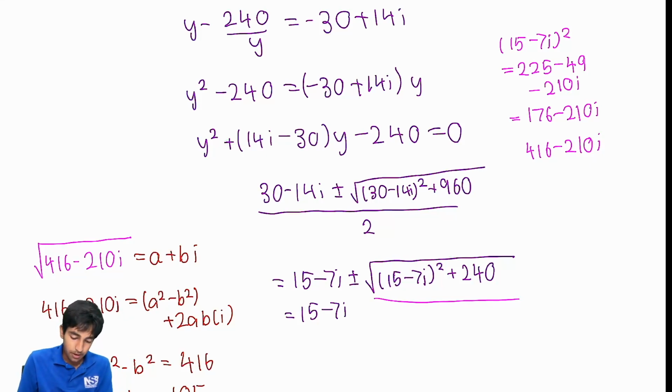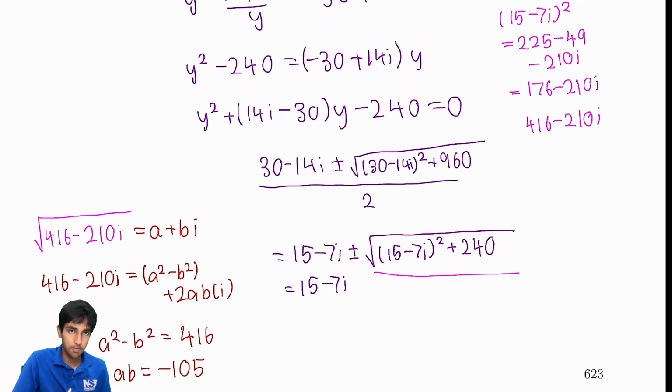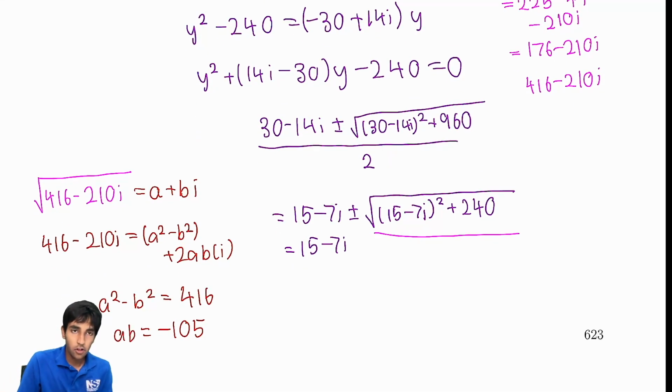So what should we do from here? Now, you could try to guess and check some values. I mean, it is possible to mathematically solve this, but that's going to be a little bit annoying. So if you can guess and check some integer values, that would be a little bit nicer. So what are two values whose product is 105? Well, that could be 21 and 5.